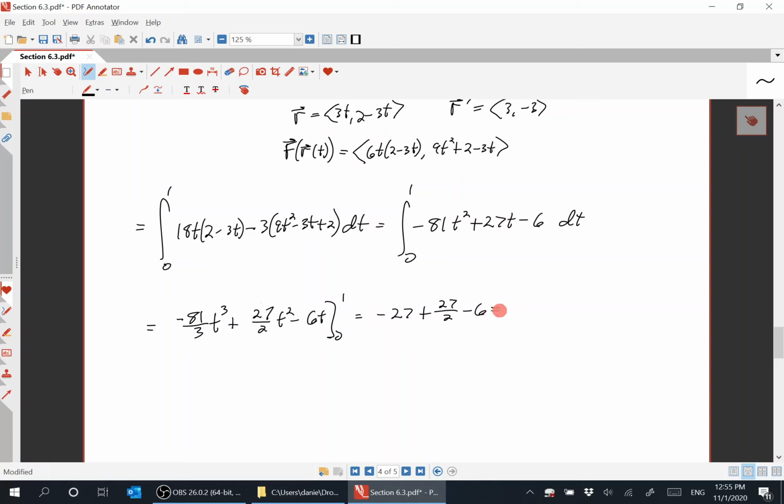So positive 27 halves, no, minus 27 halves, minus 12 halves, so minus 27 minus 12, minus 39 halves.